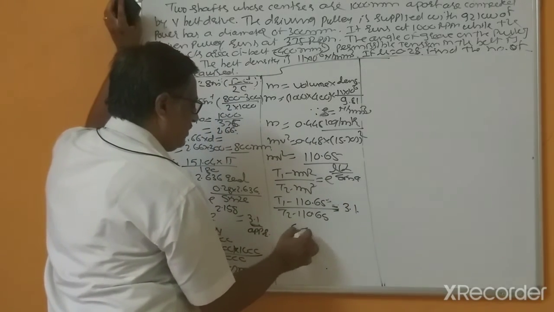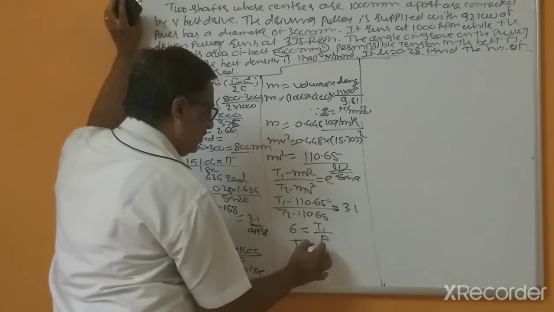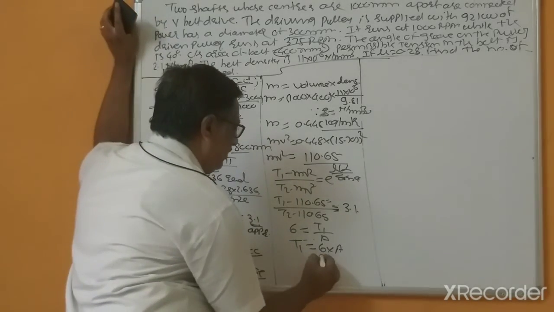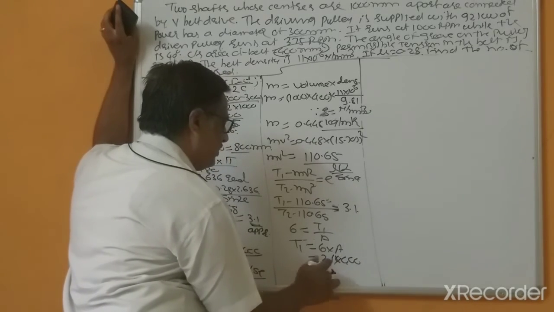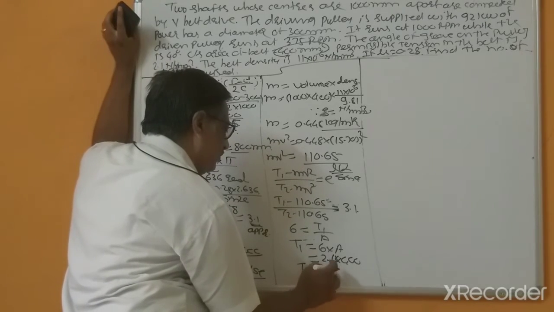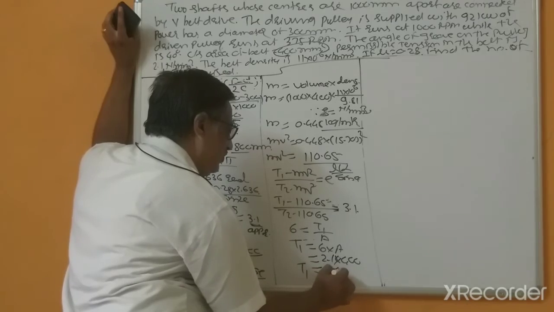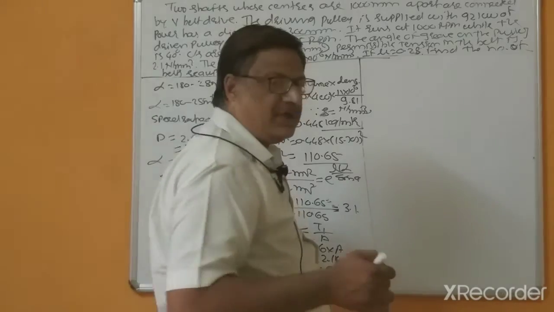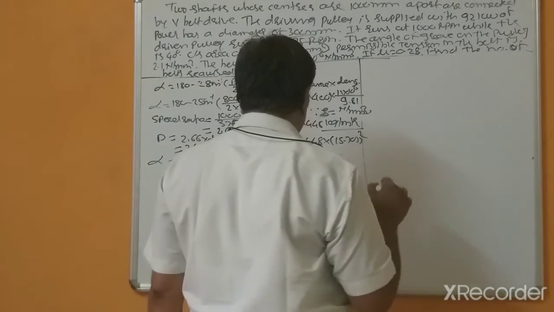Now stress equal to T1 divided by area. So that's why T1 equal to stress multiplied by area. Stress equal to 2.1 into 400. So T1 equal to 840 Newton. So this is the maximum tension allowed in one belt, equal to 840 Newton.